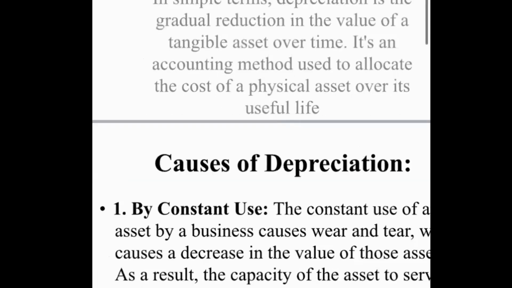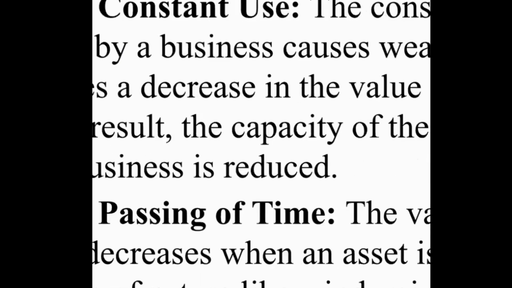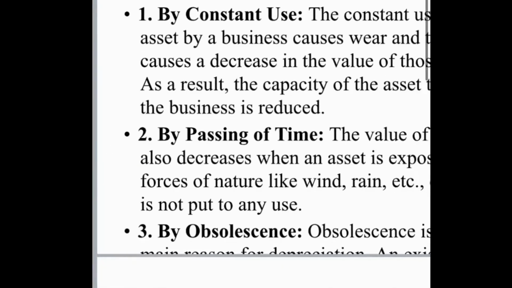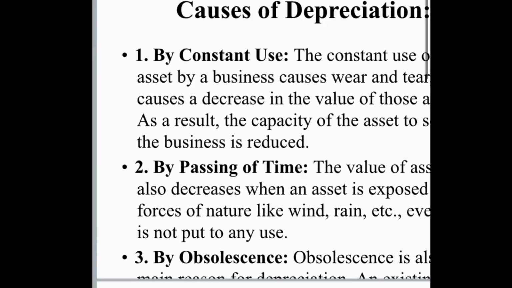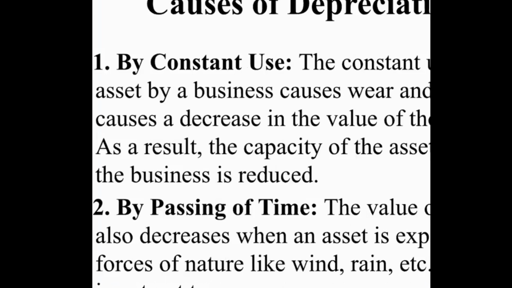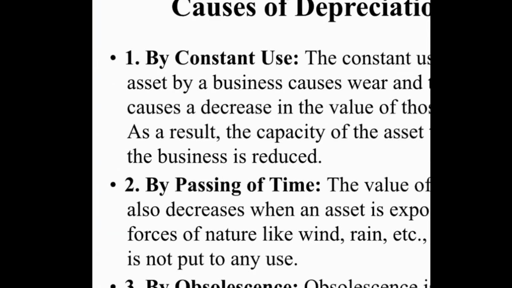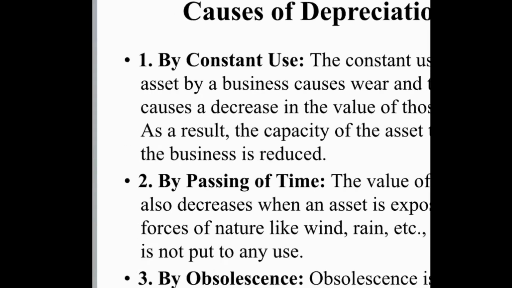Now we'll see why the value is going on decreasing. So first, why is the value going on decreasing? Because it's a used product. Because we are continuously using the product. See the first one: by constant use. Constant use means you are continuously using the product.